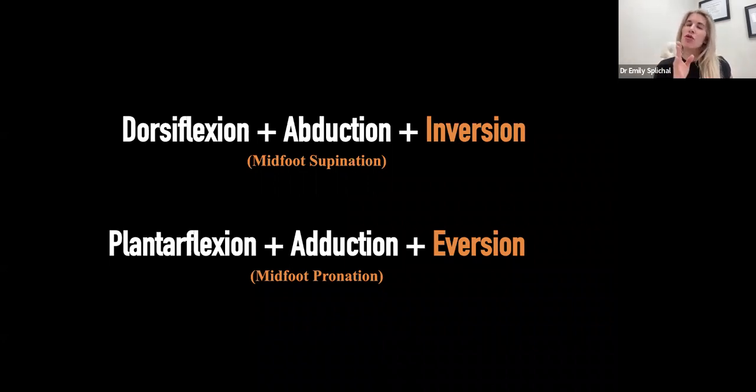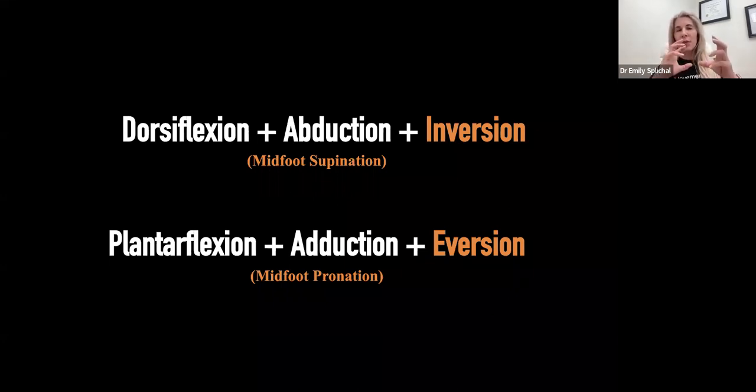If you just memorize this and don't understand the functional meaning behind it, then it's no good. What we're really talking about here is that there are adjectives with the foot: stable and unstable, or locked and unlocked.